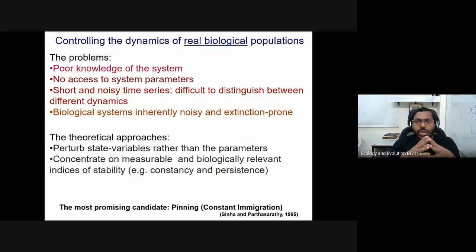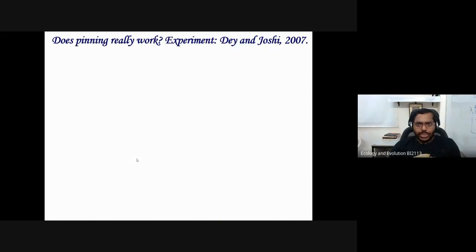If you look at the literature, one of the most promising candidates was the one that we discussed in the last class, called pinning, which essentially is constant immigration. Although some of you saw with your own simulations that it seems to work under theoretical conditions, the question was, does it also work in real experiments?